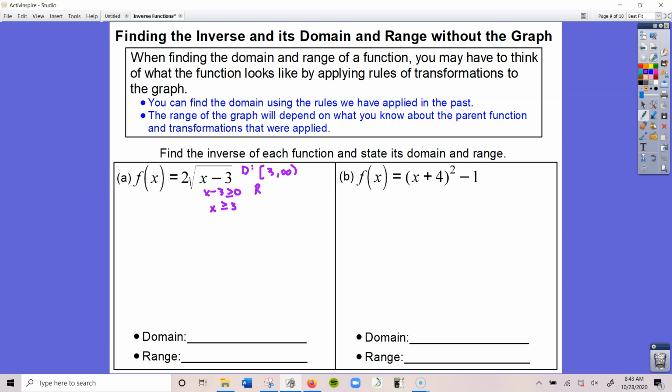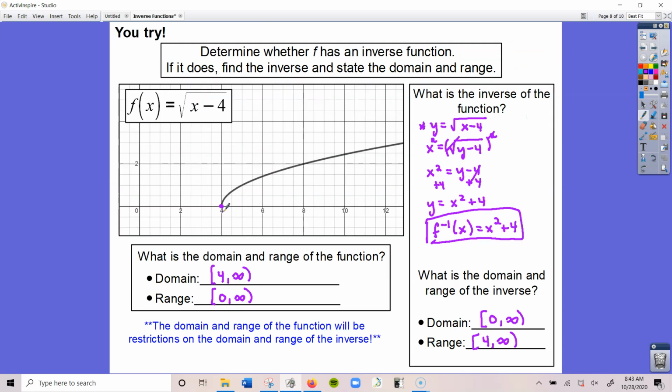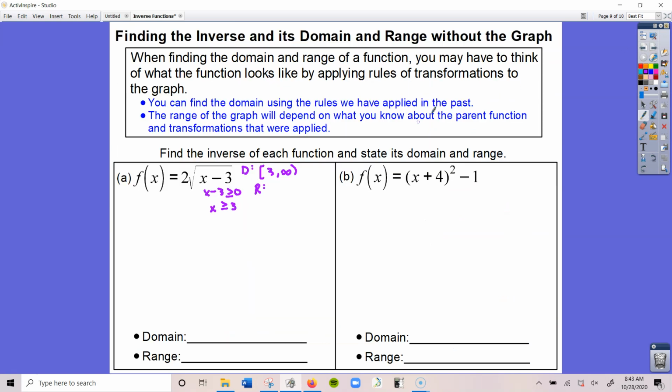Now for the range, this is a radical function, right? Radicals, as we noticed in the previous slide, which I'll go back to so you can see, if not moved up or down, always start at 0. Since I don't have a number added or subtracted at the end of my radical, that means that the range is from 0 to infinity.